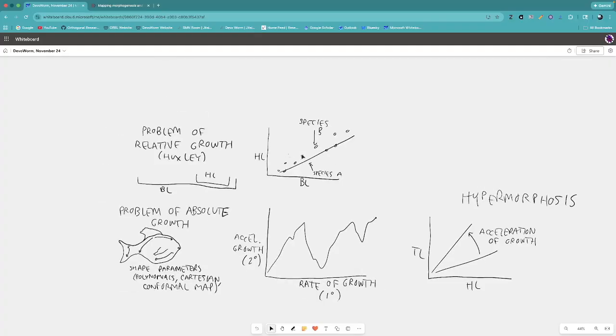You can see this in this bivariate graph here, where we take the head length and the body length of many different specimens, and we plot them out, and we get some sort of function that describes it. A lot of times this function is logarithmic. I put a linear function here, but a lot of times it's logarithmic.